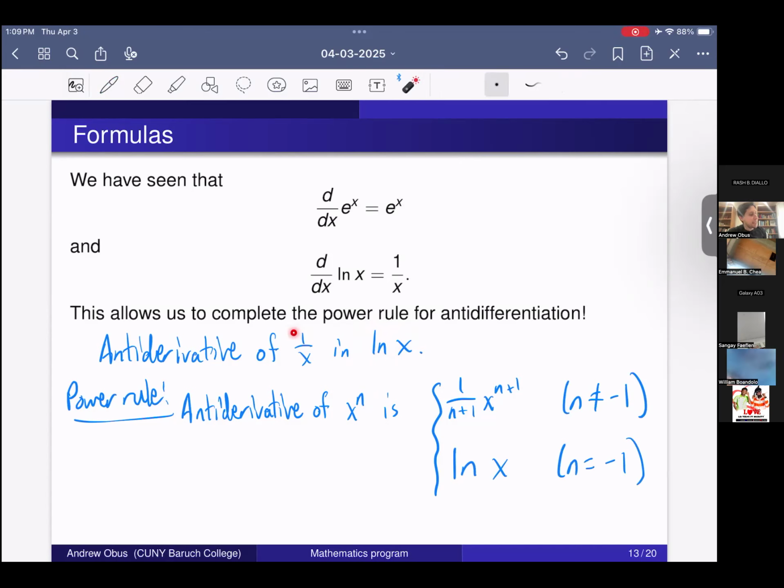How do you find an antiderivative of 1 over x? You can't use the power rule. That would give you x to the 0 divided by 0. But in fact, the correct answer is that the antiderivative of 1 over x is just ln of x, at least for positive x. So this lets you complete the power rule for antidifferentiation. The antiderivative of x to the minus 1, which is the same as 1 over x, is going to give you ln of x.